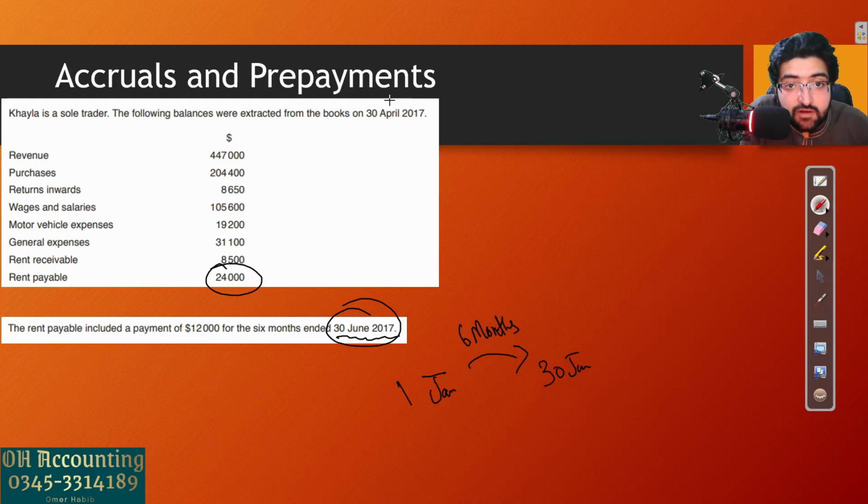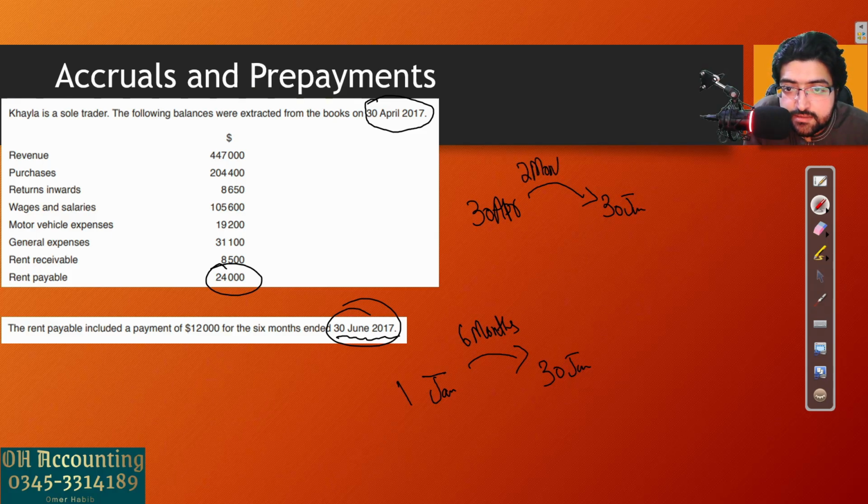Now, our accounting year ends on 30th April. Okay? On 30th April, what is happening to our accounting year? It is ending. So from 30th April till 30th June, we have 2 months, right?